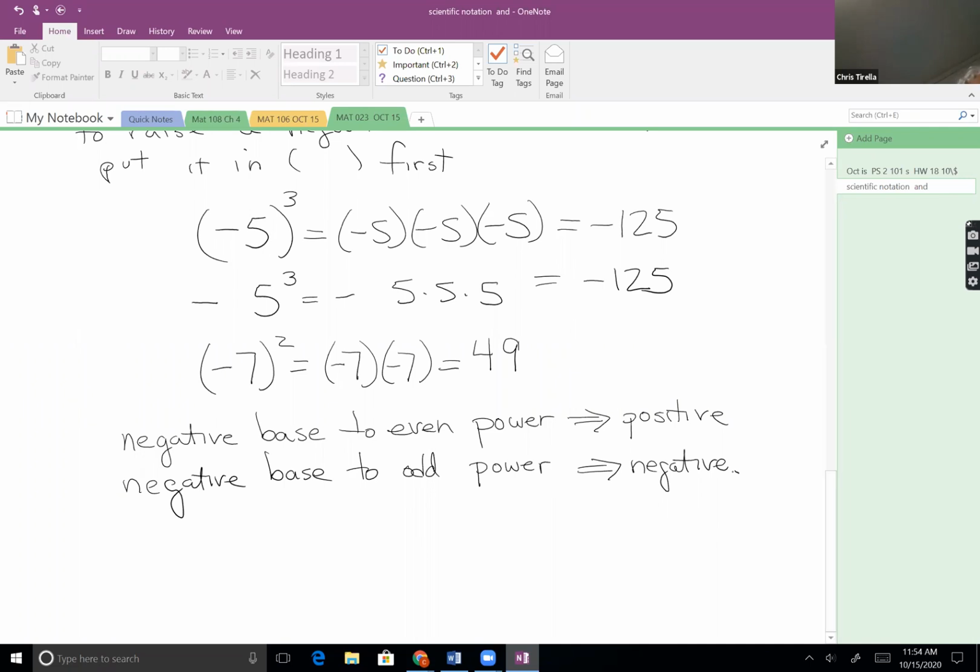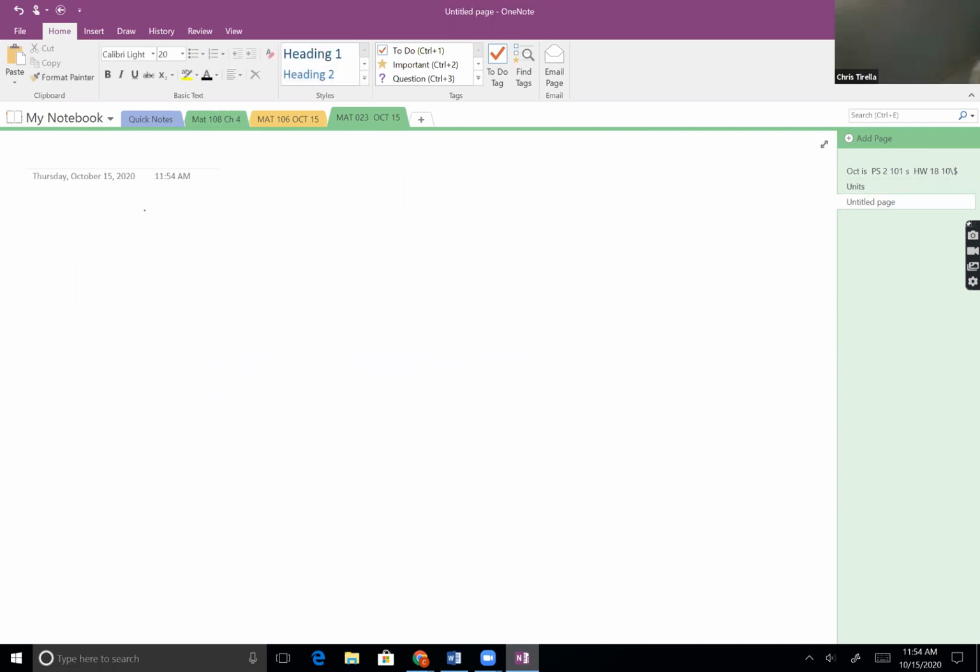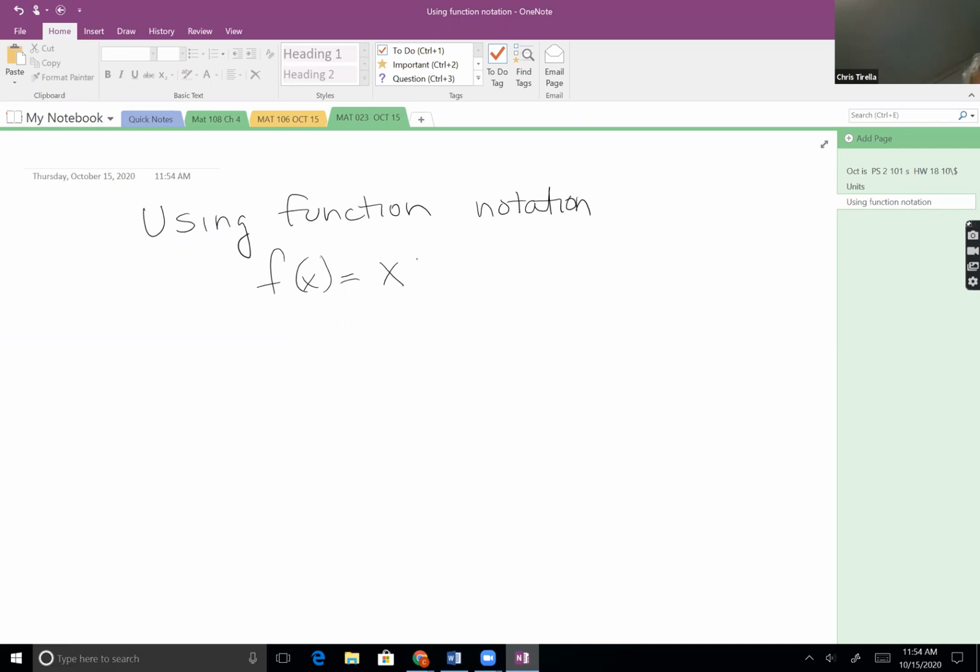We could do this also. Can I turn the page, or do you guys need for me to wait a minute? Oh, okay. We could also do this using function notation. Let's say f of x is x squared.